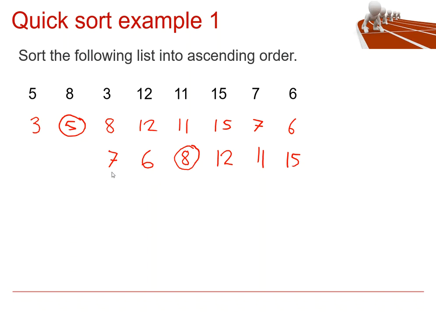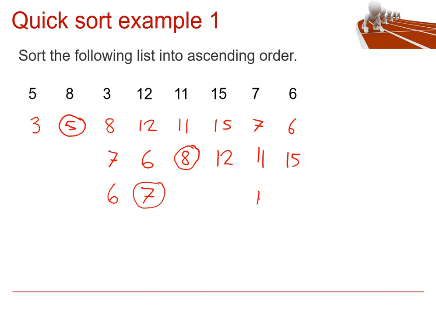So now I've got two more sublists either side of the 8. Start with this one. I need to make 7 the pivot. I know it might seem a bit strange with a list so small to talk about the pivot, but 7 is going to be the pivot. There's only one other number which I can see is smaller than the 7, so that can go there. And then for this other sublist, 12 needs to be the pivot for that one.